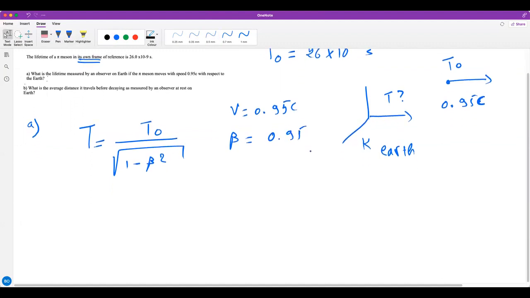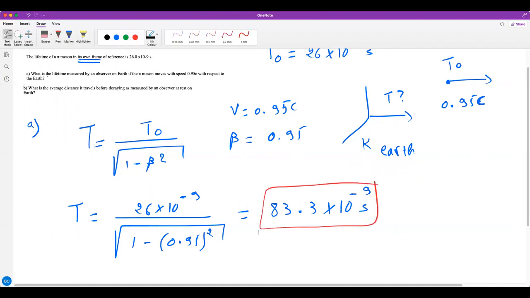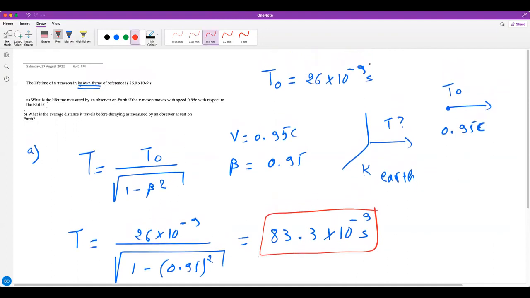So then the time measured will be 26 × 10^-9 seconds divided by the square root of 1 minus 0.95 squared, which is equal to 83.3 × 10^-9 seconds. Now you can easily see that the time measured by an observer on Earth or in the laboratory is larger than the actual lifetime that the particle measured in its own reference frame.